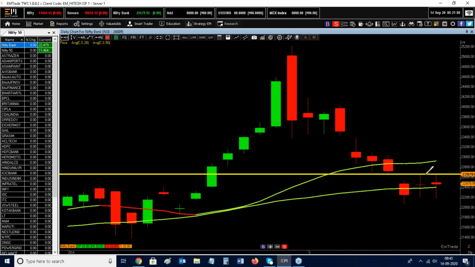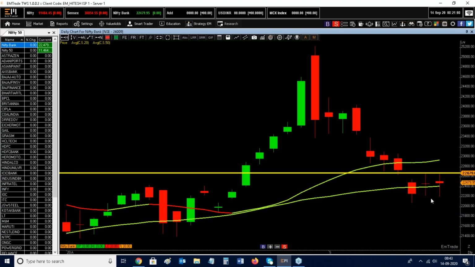It made a high over here and it made a high over here. So today it's ripe for a breakout trade, which means if last 2 days highs are taken out, we can see an uptick in Bank Nifty till around the levels of the 20-day.